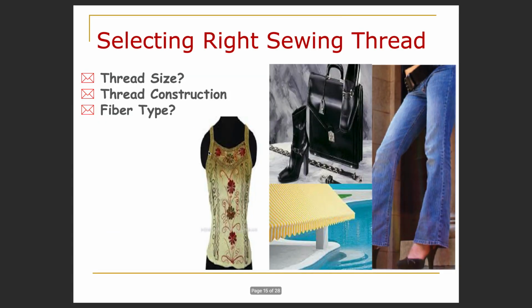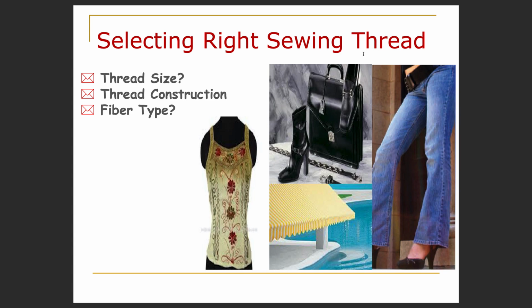is done. So selecting the right sewing thread for the application is of course very important. Where that sewing thread will be used for making the garments, for home textiles, or for accessory industry. So sewing thread will of course be used wherever we have to join the pattern pieces, whether you talk about footwear, handbags, or in garments.